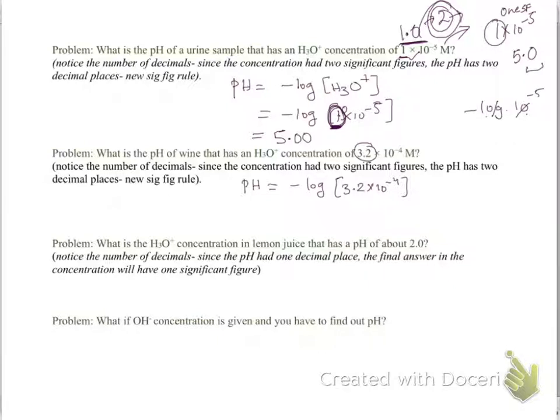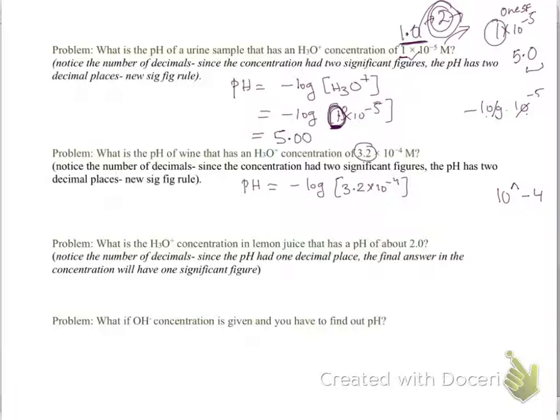First you type the negative sign, you press log, you put parentheses, you type 3.2 times 10 to the power negative fourth. 10 to the negative fourth can be done in many ways. You can type 10 and then negative fourth, and then you find the number.